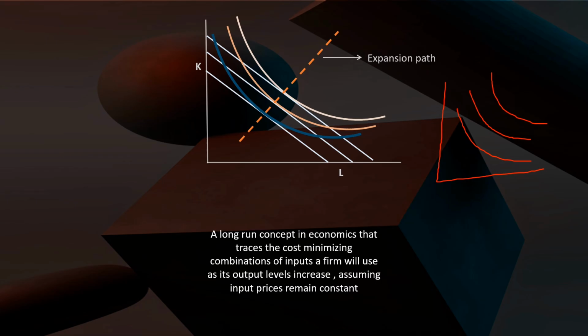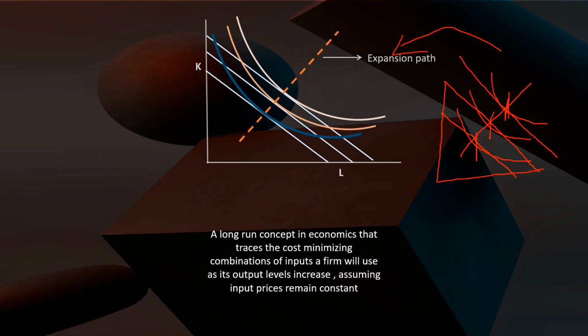When a graph has more than one isoquant curve, it's known as an isoquant map. For each of those isoquant curves, there must be an isocost line, considering ideal situations. So if it has an isoquant curve, the isocost line must be tangential to it, producing an equilibrium point. And the line that passes through all of these equilibrium points is known as our expansion path.